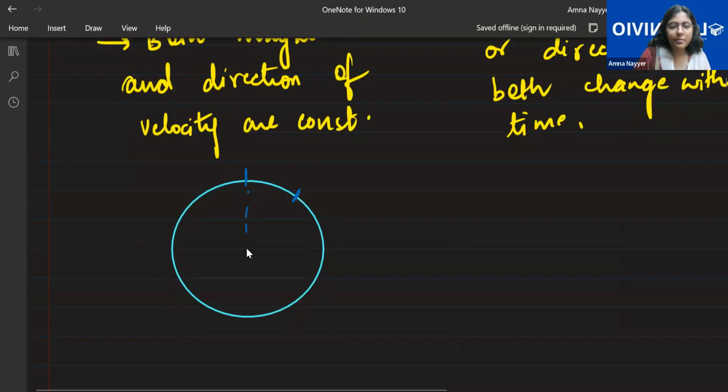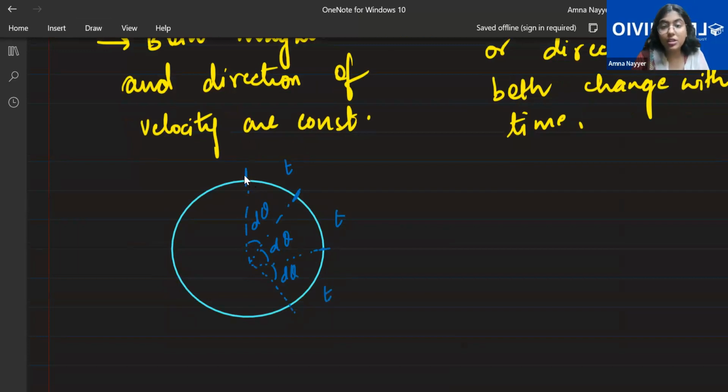This is the amount of change d theta in a time t. Then the next change is again d theta in time t. Then the next change is again d theta in time t. One more thing, the direction of velocity should remain constant. Why? Because the linear velocity's direction is tangential, and the tangent will always change at each point. We will talk about this later, so then you will understand.